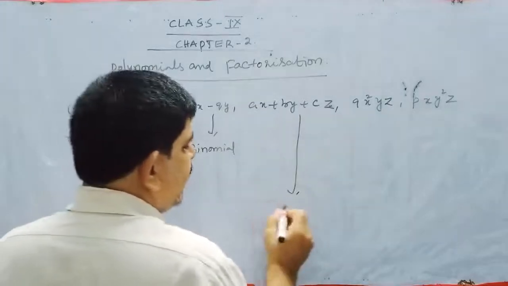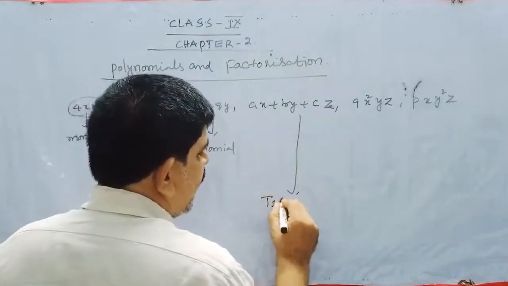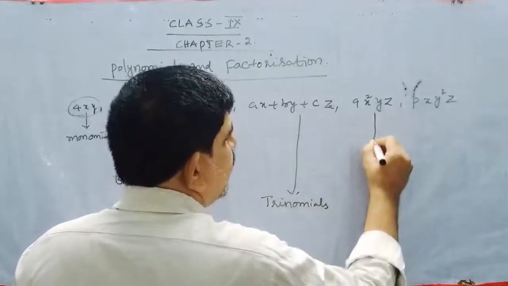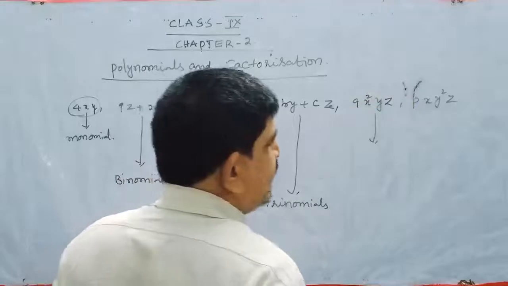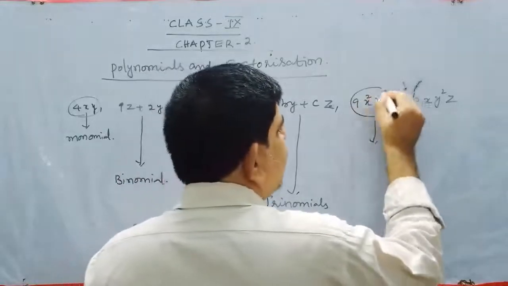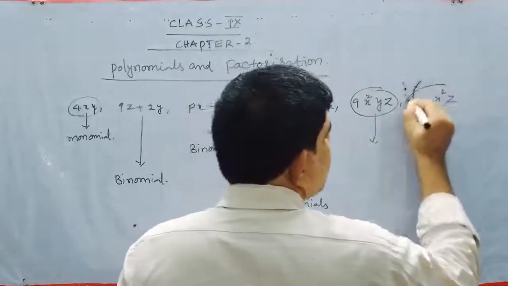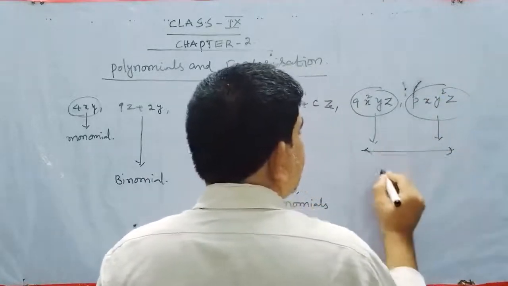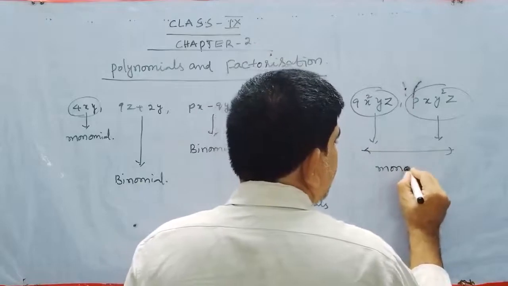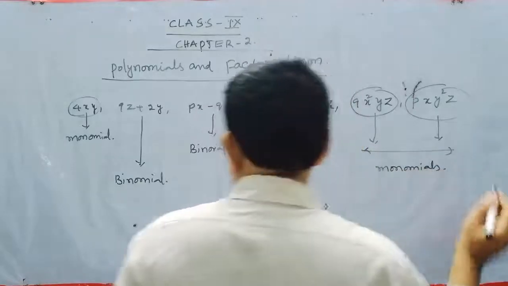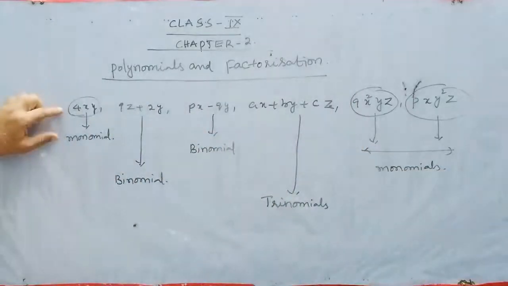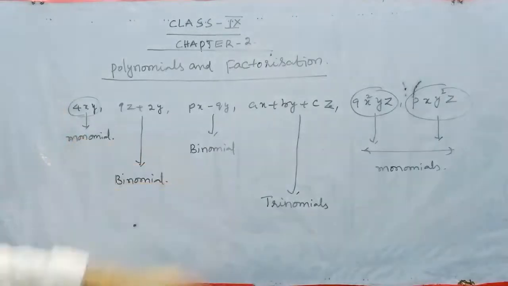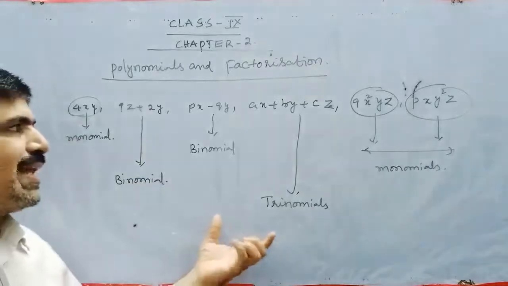So three terms, trinomial. Next one, 9x square yz, a single term, and this one is also a single term. So these two are taken as monomials. So single terms monomials, two terms binomial, three terms trinomial. Like this we can classify the terms.